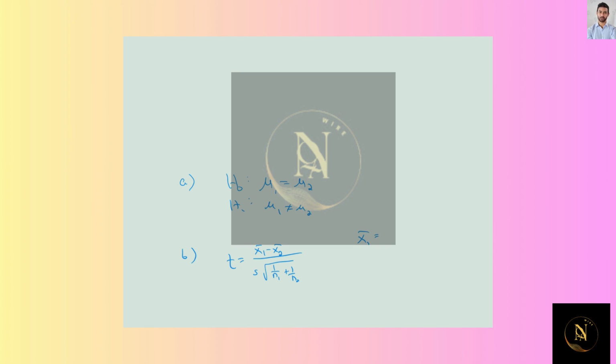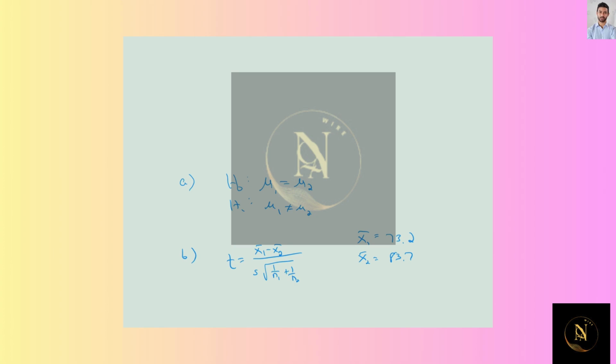Is 73.2. The mean for the placebo group, add those up and divide by 10, is 83.7.